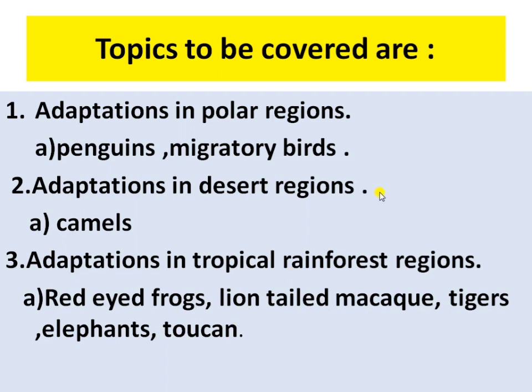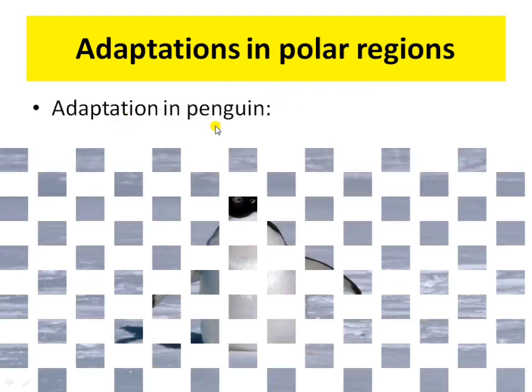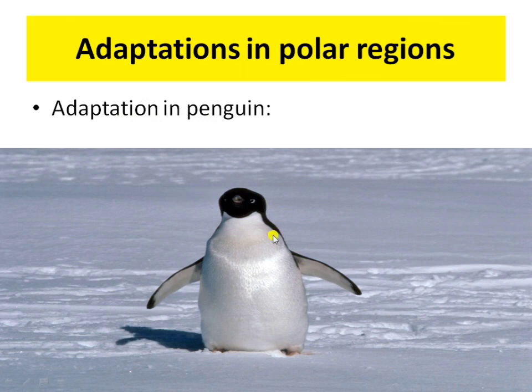So let's start with the first topic, that is adaptation in polar region in penguin. So this is a picture of a penguin. As you can see here, it is white in the front and black at the back.